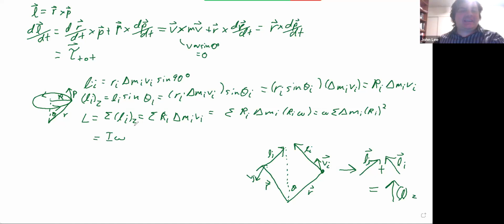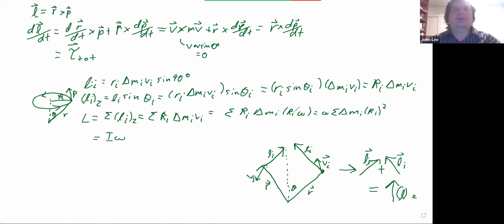So if that's the case, then in order to find the total angular momentum, we add up all of these L_i's: add up big R_i delta m_i v_i, add up big R_i delta m times big R_i times omega, because that's going to be our angular velocity no matter what.